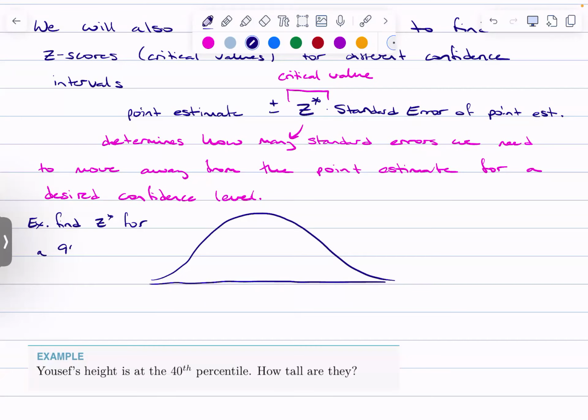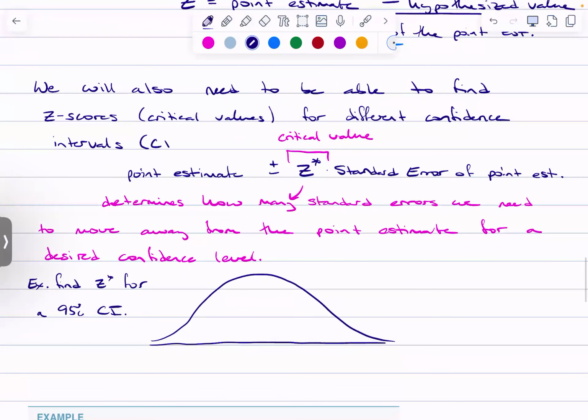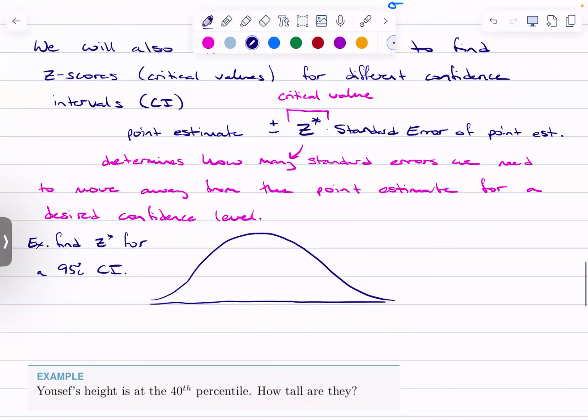I'll define CI, confidence interval, but I know I did that last week. So really, what we want is the central 95%.